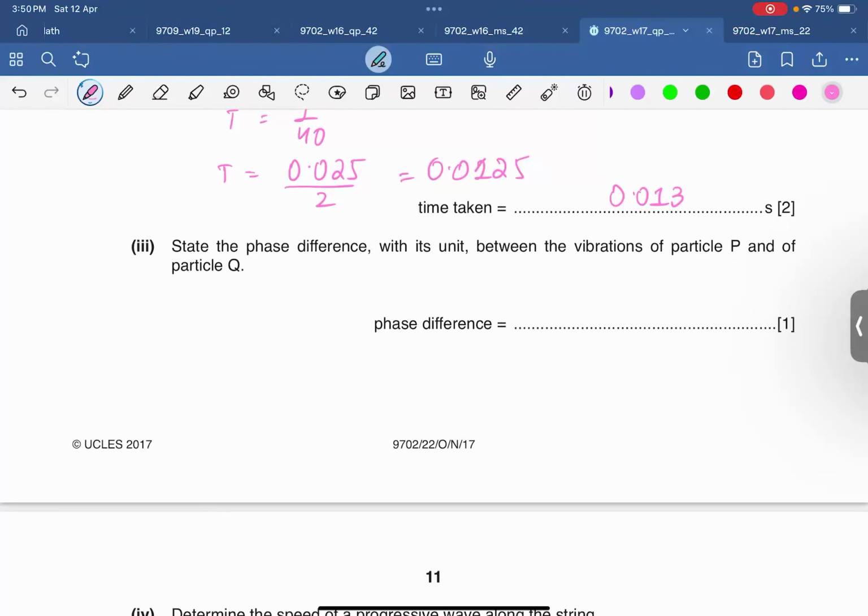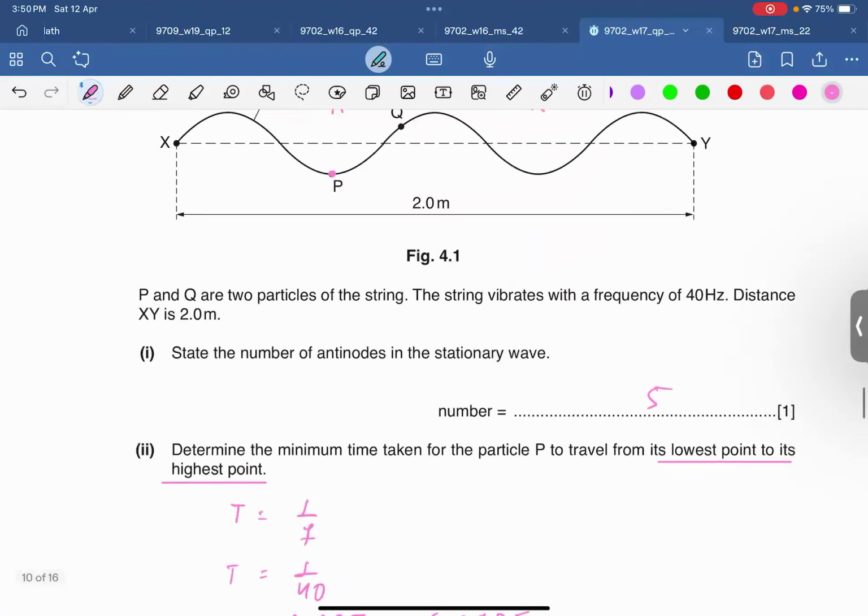Yes, Gulmina. State the phase difference with its unit between the vibrations of particle P and of particle Q. Okay, sorry. Yes, क्या कहेंगे आप?